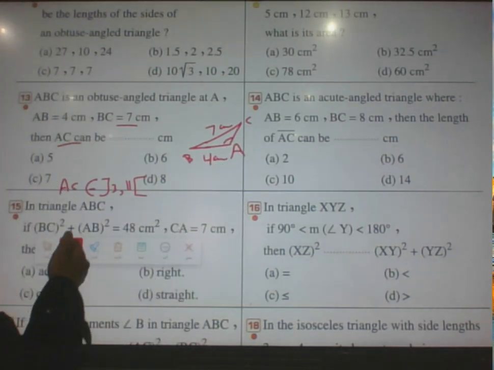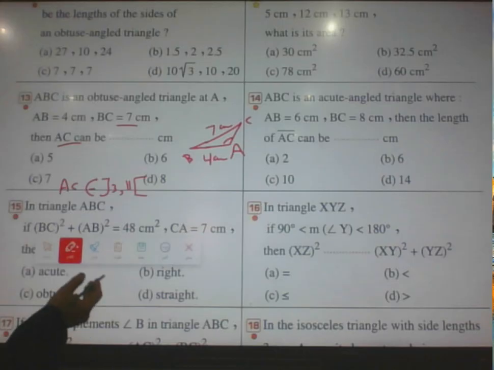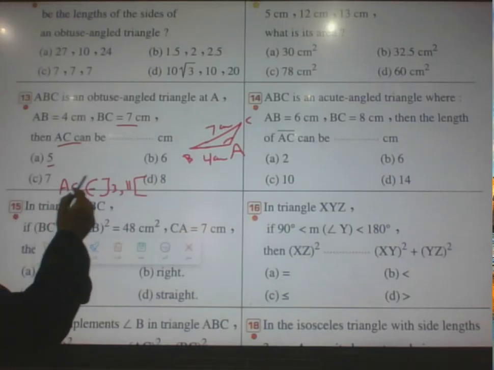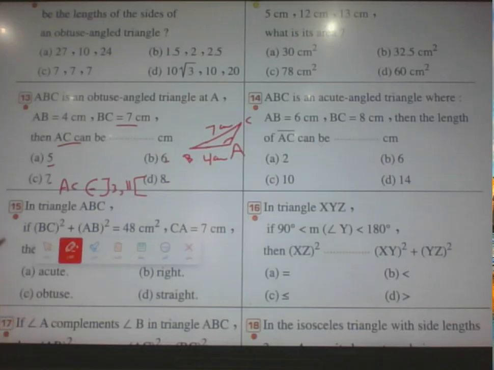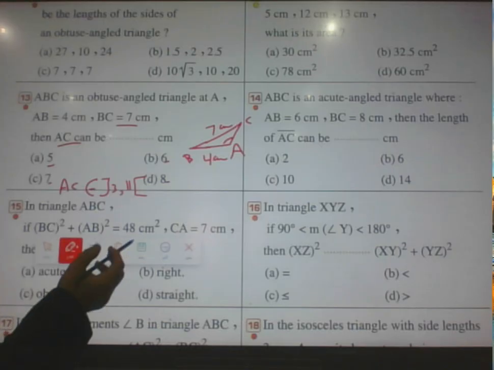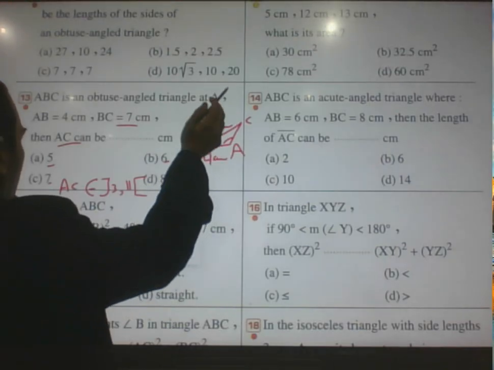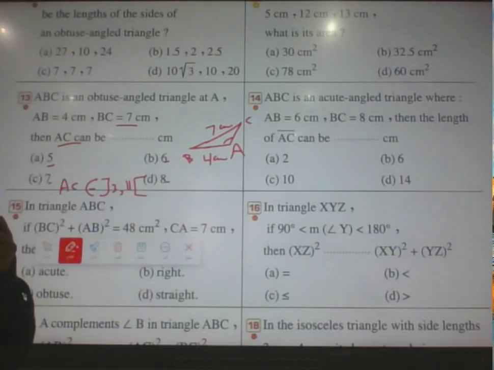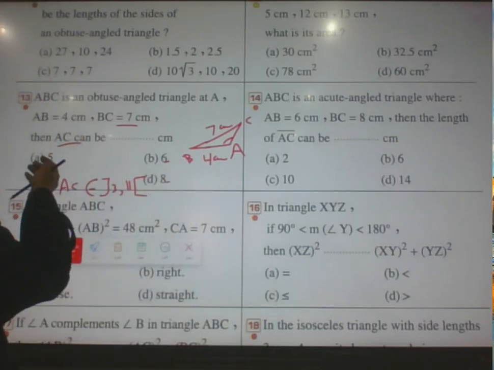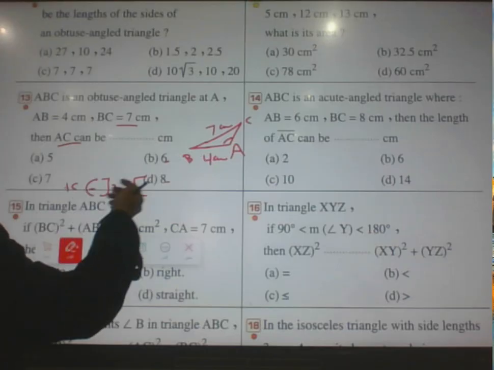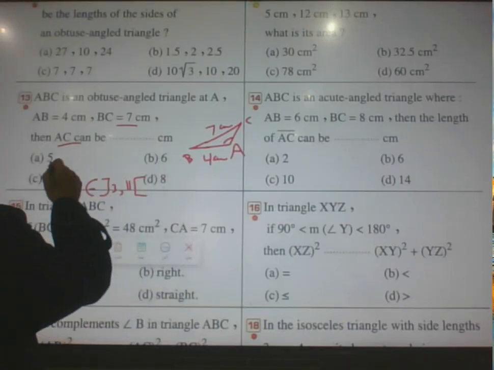Who can give me a number between 3 and 11? We have 5, 6, 7, 8. But we want the number here less than 7. Yes, because 7 is the greatest number, opposite angle A. We must choose a number less than 7. So we can cancel 7 and also 8. So we have 6 or 5.